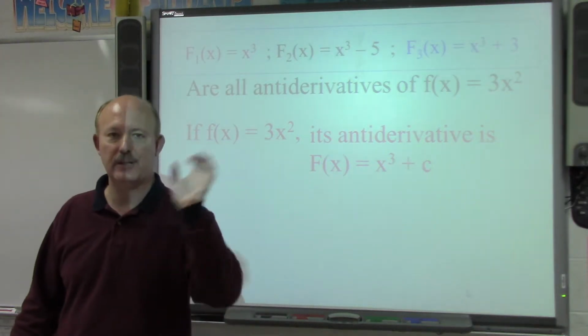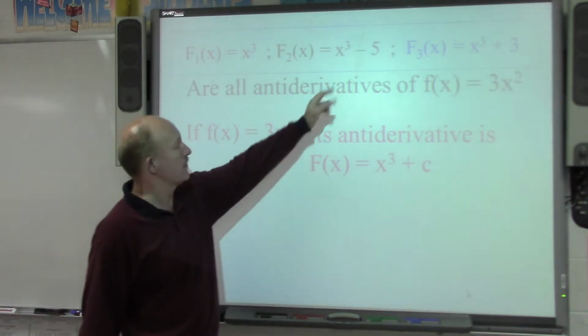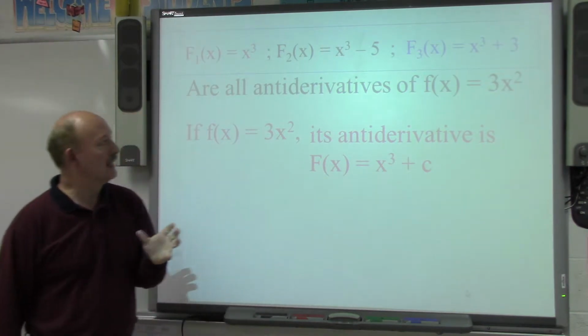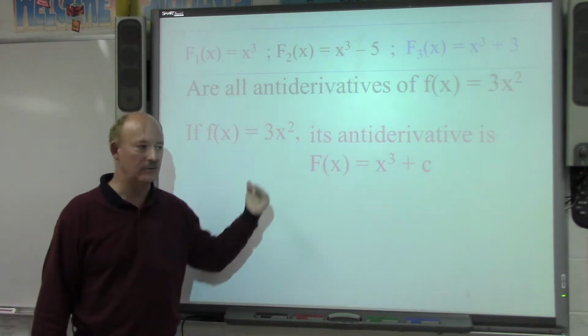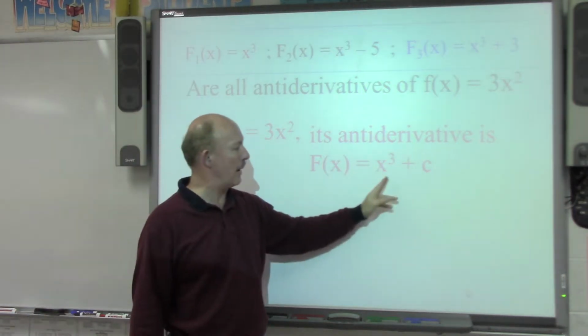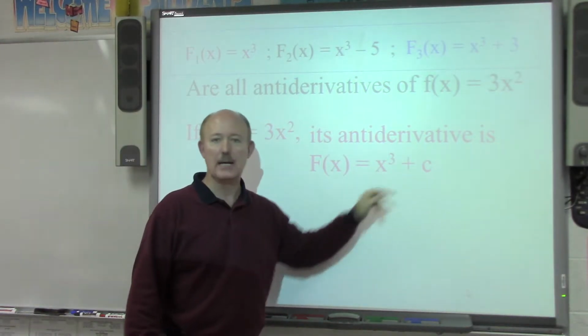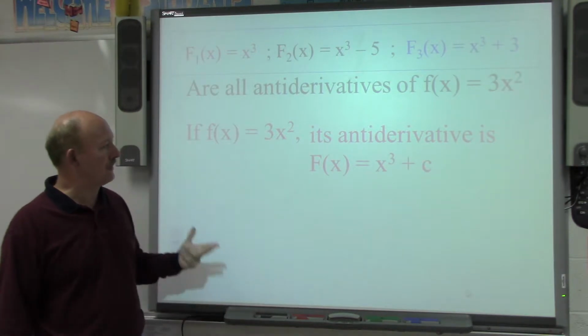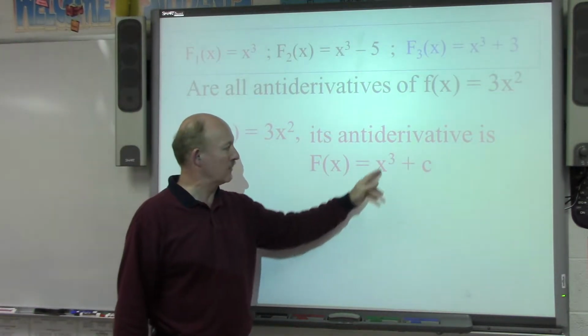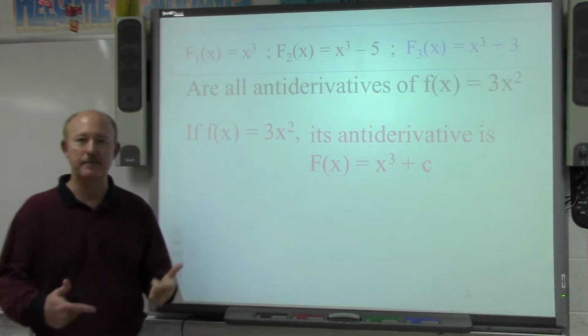We've got to put that plus c on there to compensate for the number on the end, the y-intercept, because when you take the derivative of that number on the end, it gives you 0. So the antiderivative in this case would be x to the third power plus any particular number. This is an expression for the antiderivative, x to the third power plus c.